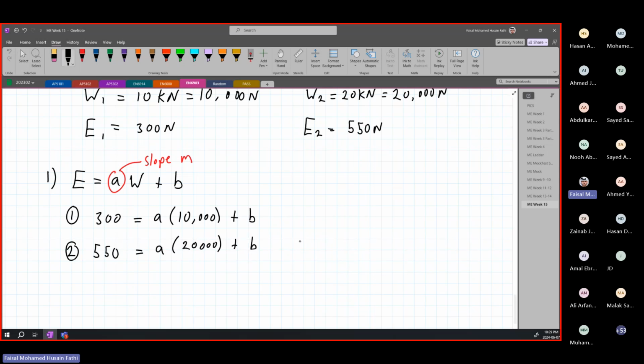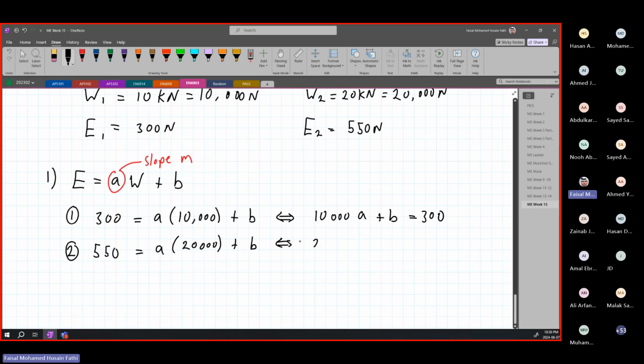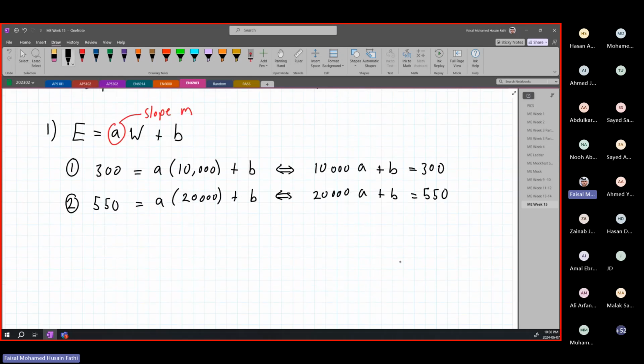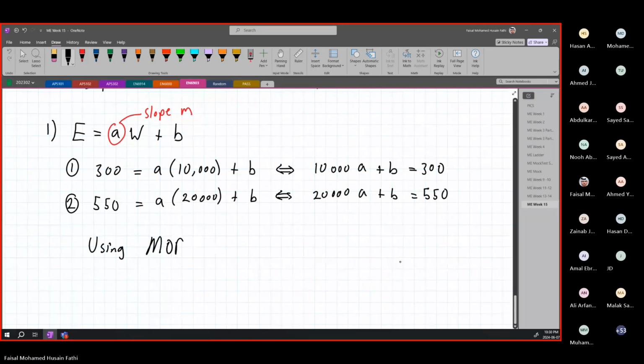All right. So if we rearrange these equations just to make them a bit more neat and easier to solve, we're going to have 10,000 A plus B is equal to 300, and 20,000 A plus B is equal to 550. Okay? If you want to use mode 5.1, let me go through the method.